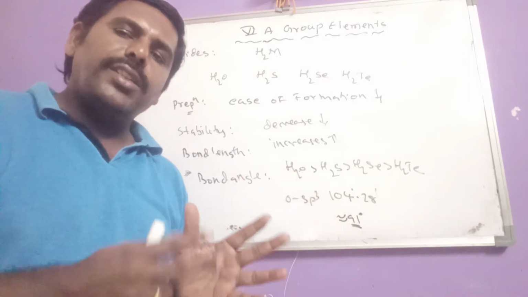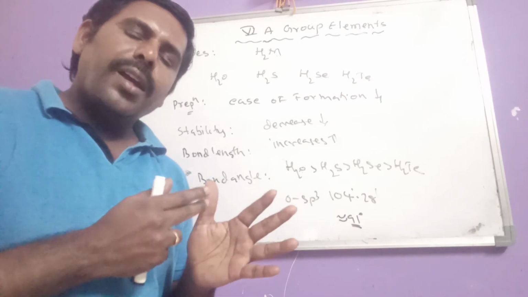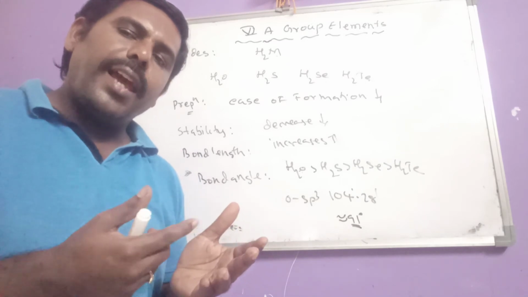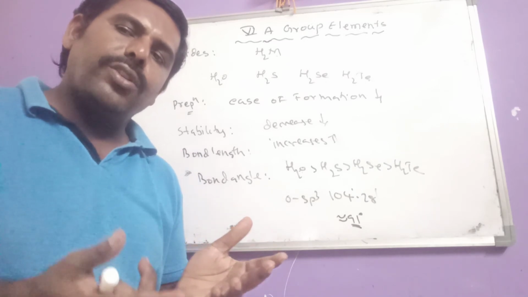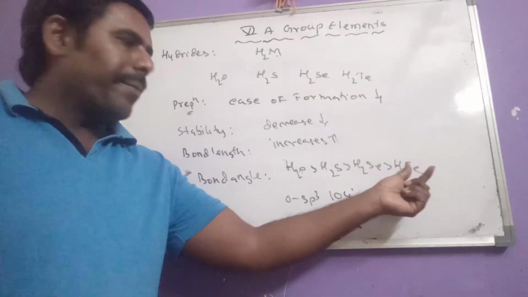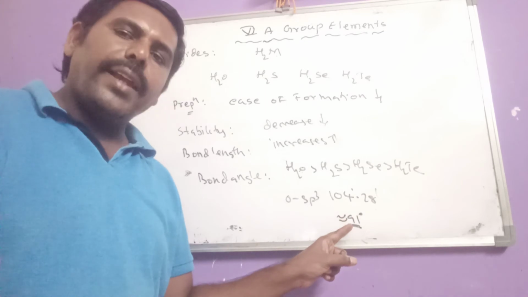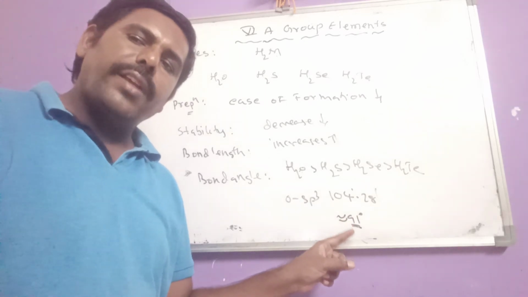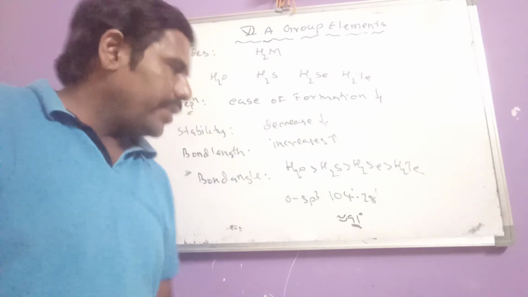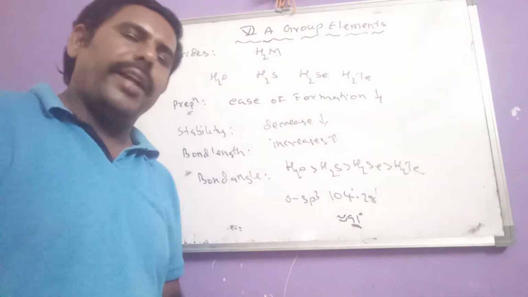The p orbitals px, py, pz are perpendicular to one another, so the angle among the three orbitals is 90 degrees. That's why in the remaining hydrides of 6th A group elements, the bond angle is near 91 degrees, that means near 90 degrees. So this is regarding the bond angle of 6th A group hydrides.